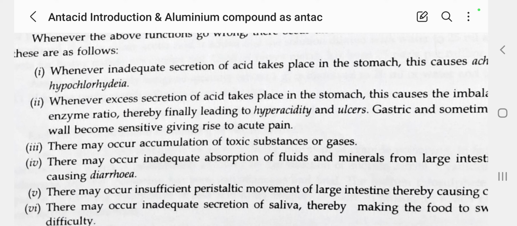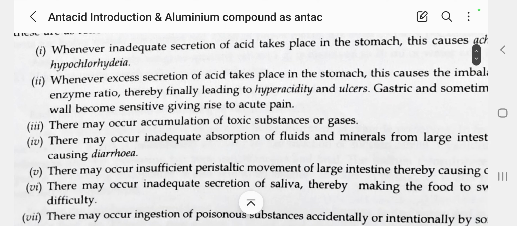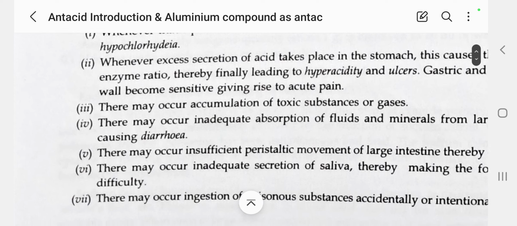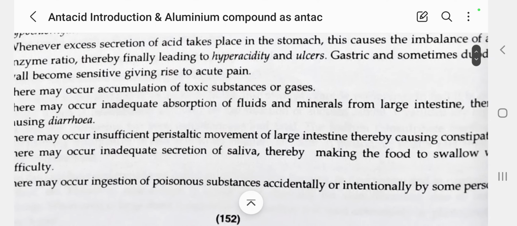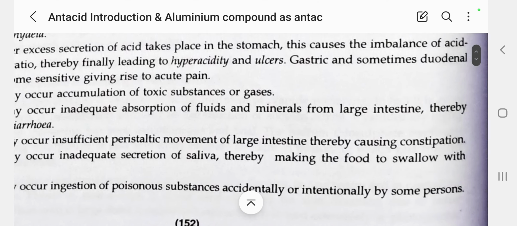Suppose in case of the absence of secretion of hydrochloric acid in the stomach, what are the difficulties the patients may face? There may be accumulation of toxic substances or gases. There may occur inadequate absorption of fluids and minerals from large intestine, thereby causing diarrhea, and insufficient peristaltic movement of large intestine, thereby causing constipation.